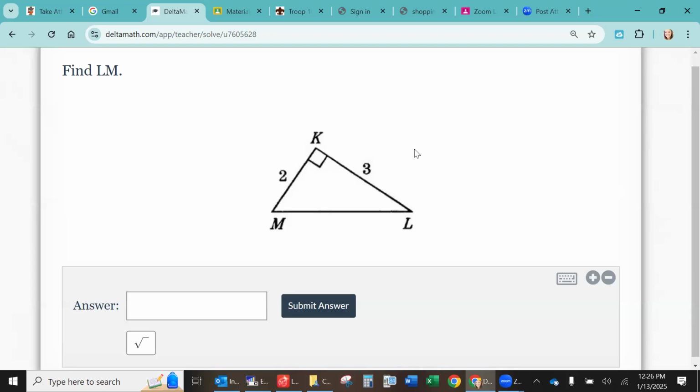Correct. And then this is your hypotenuse. This is your adjacent. Does that help? So then it'd be 2 over root 13. Which would go to that, yeah.